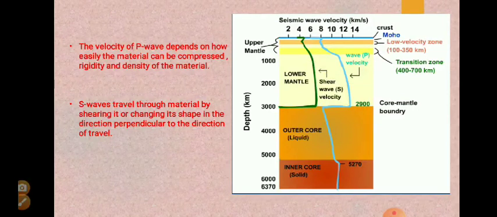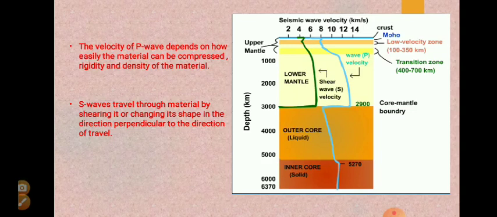We can see clearly that the P wave velocity is faster, and at the depth of 2,900 kilometers there is a sudden abrupt change, and then it goes straight again, and at a depth of more than 5,000 kilometers it is diverted once again and then goes straight.